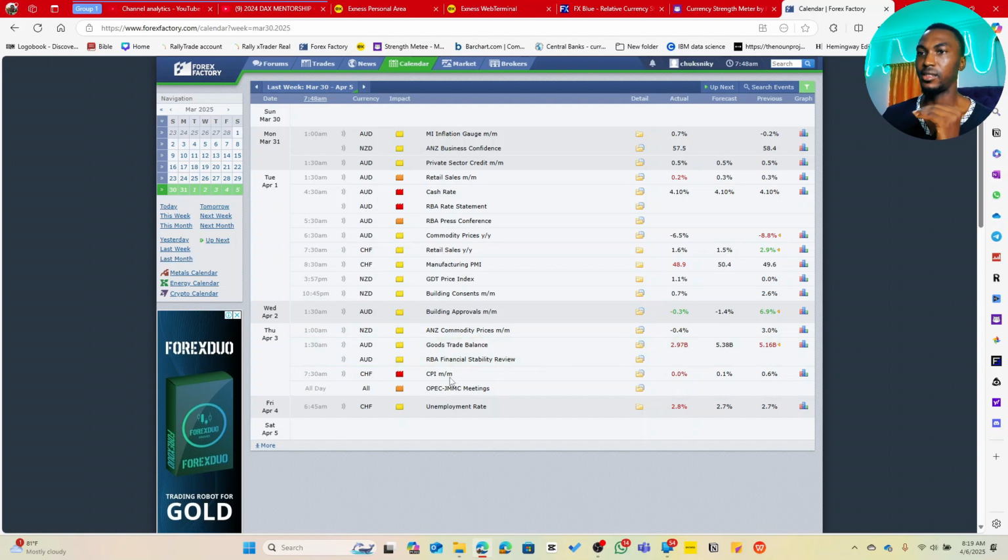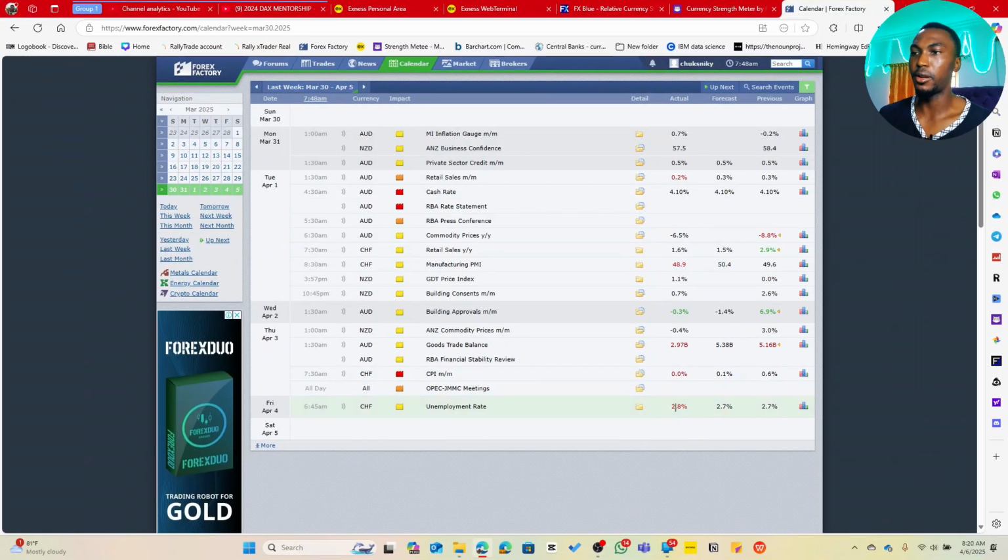And then the Swiss franc released a just slightly bad CPI news, meaning at this point in time, it is more trustworthy to be buying Swiss franc than to be investing in the Australian dollar or the New Zealand dollar. Even though the Swiss franc brought out an unemployment rate slightly higher than its forecast, it still made more sense to stay here than the Australian dollar or the New Zealand dollar after their news.